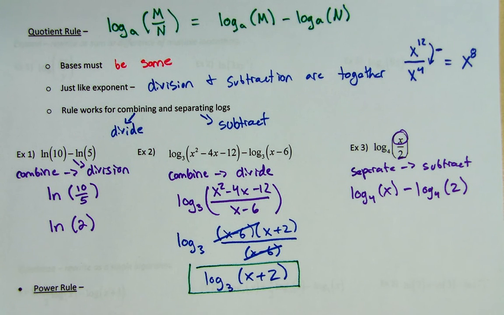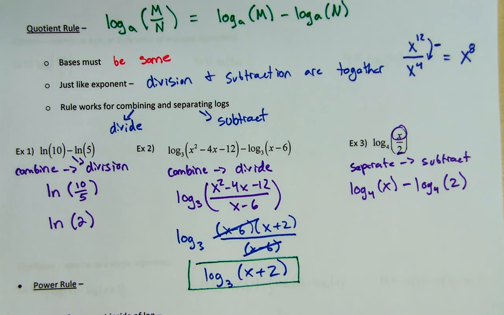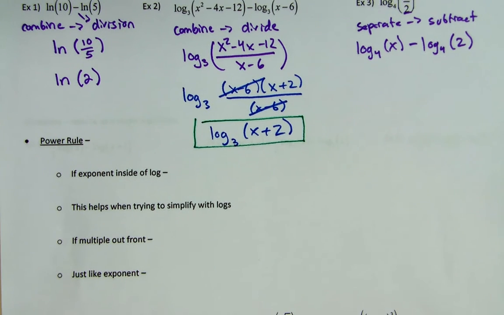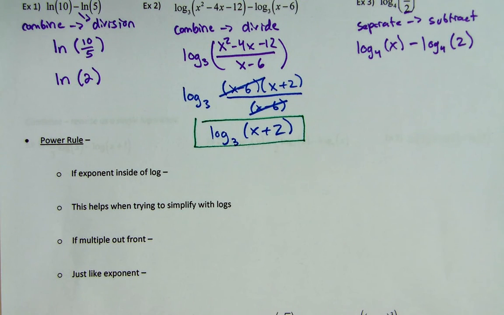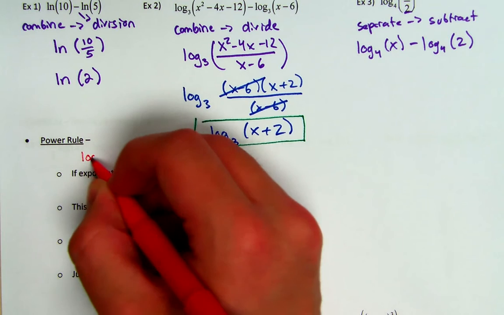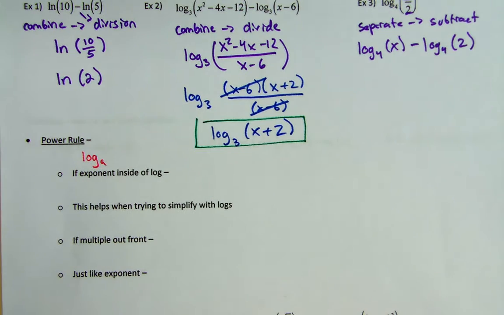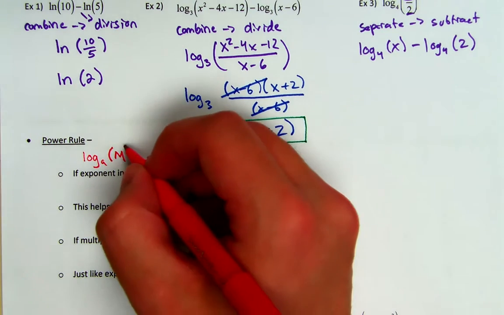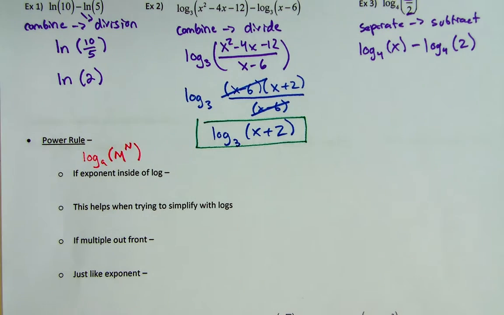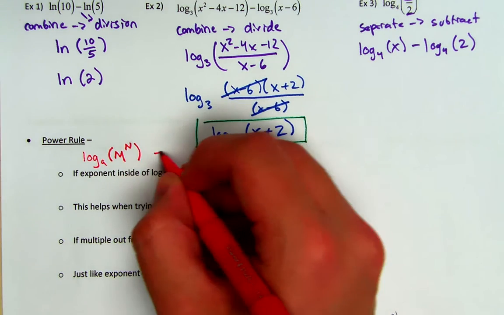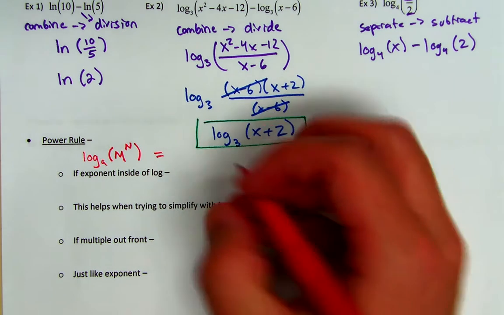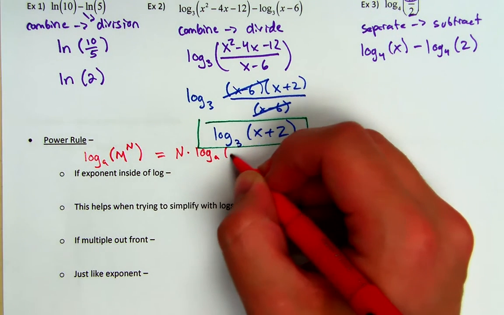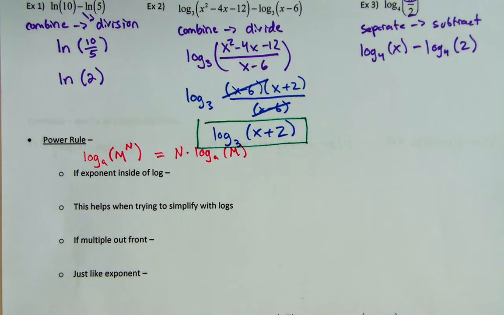Alright, so one more rule, and then we're going to do some expanding and contracting, which we've already been doing. So the power rule. The power rule states that if you have a logarithm base a of some number raised to a power n, then you can take that power and make it into n times the logarithm base a of that number.